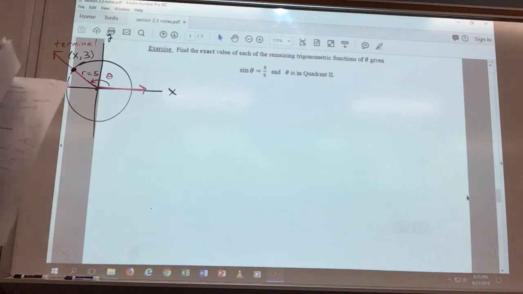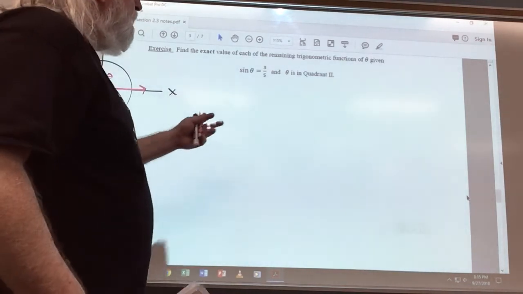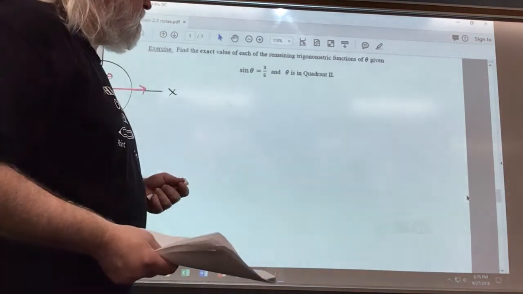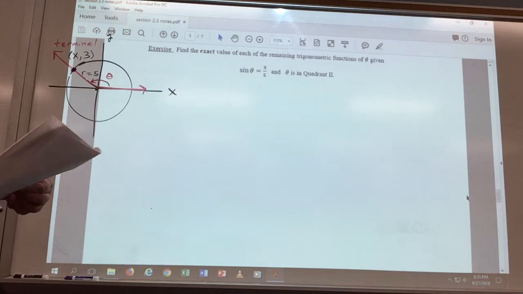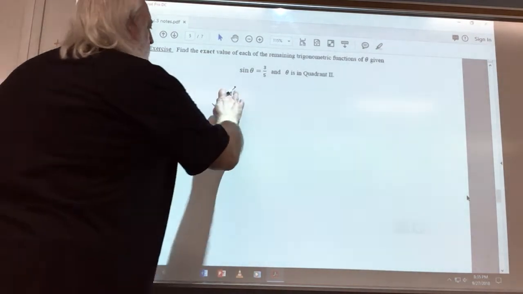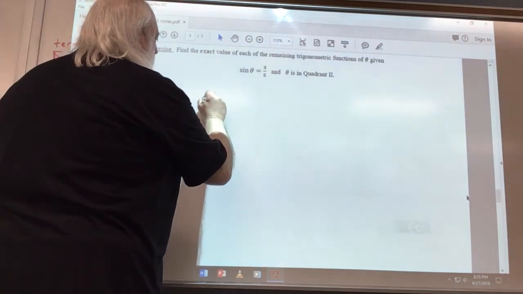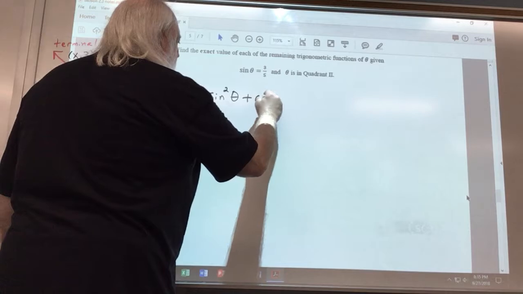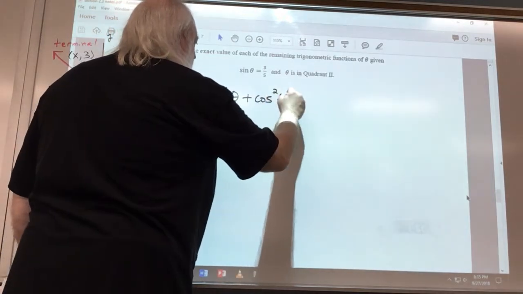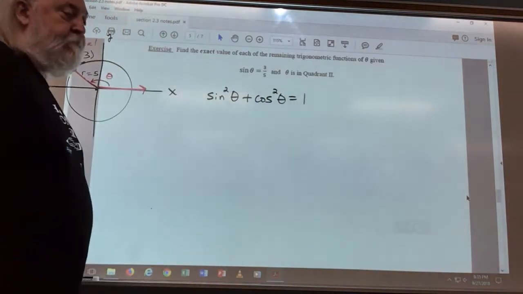So we're given sine theta is equal to 3/5 and the angle theta is in quadrant 2. Well, one of the identities on page 4 is the Pythagorean identity: sine theta squared plus cosine theta squared is equal to 1, right?